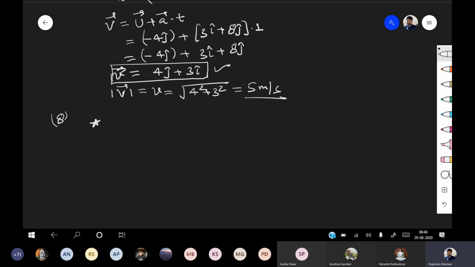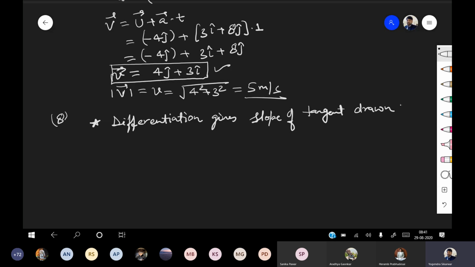Differentiation gives the slope of the tangent drawn to a curve at any point. So basically what we need to do is find dy by dx.